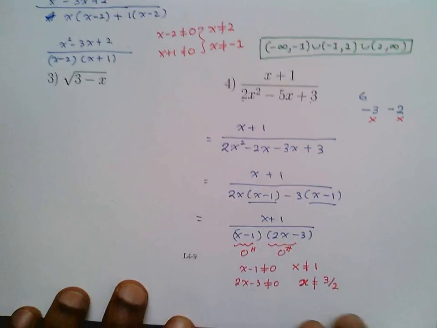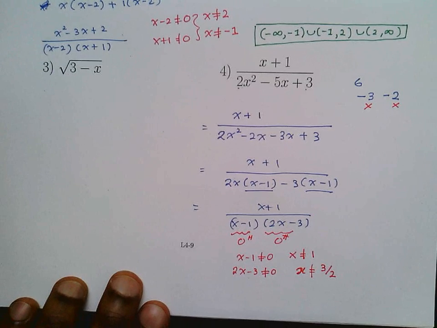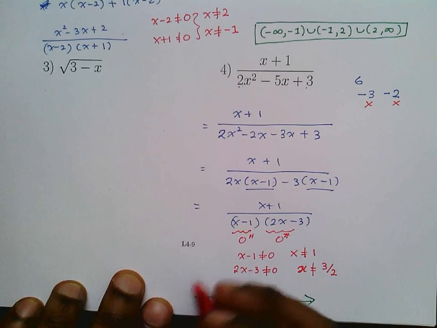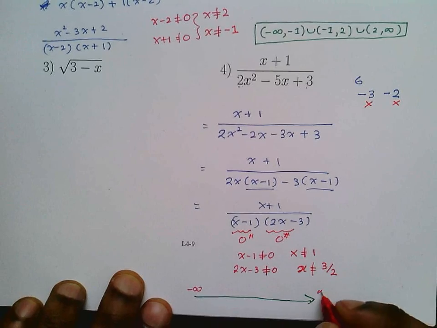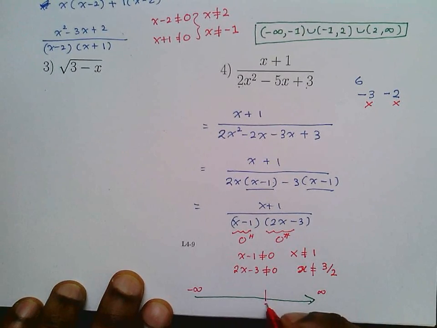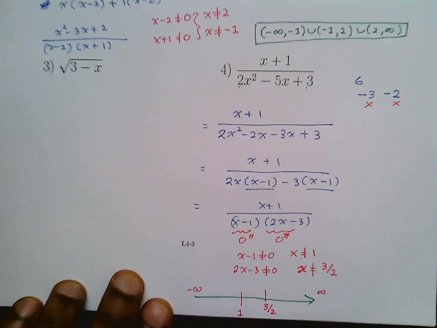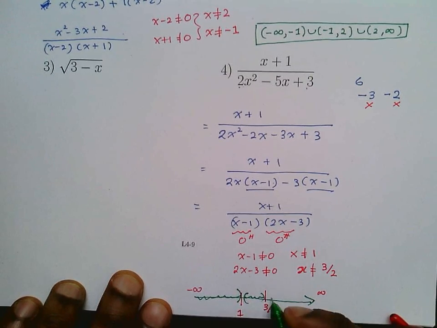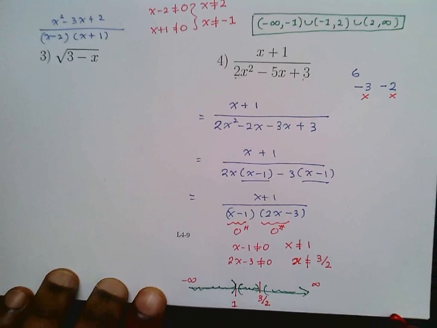Again, if you need to be really sure about what your interval notation is going to be, draw a number line from negative infinity to plus infinity and put these numbers. 3 over 2 is 1.5, and 1. So any number from here to here is valid, any number from here to here is valid, and any number beyond is valid.